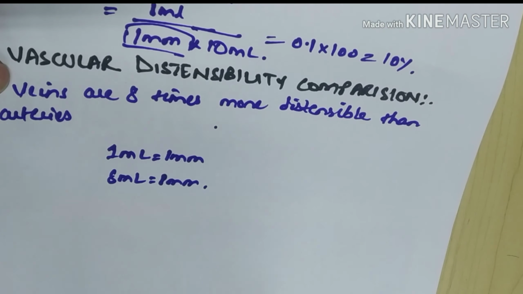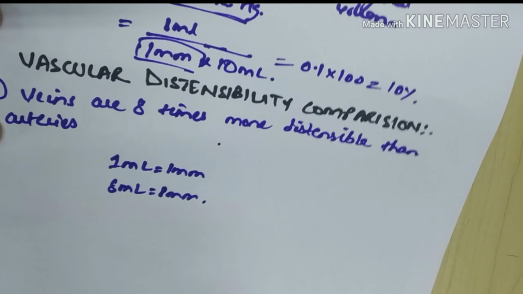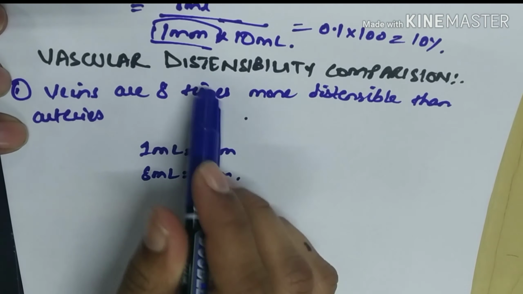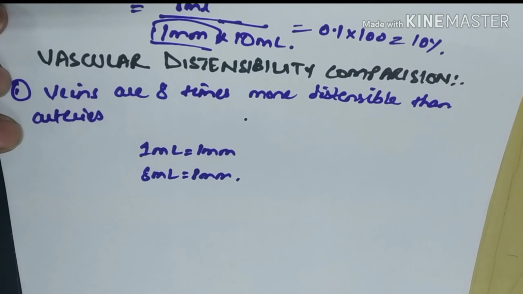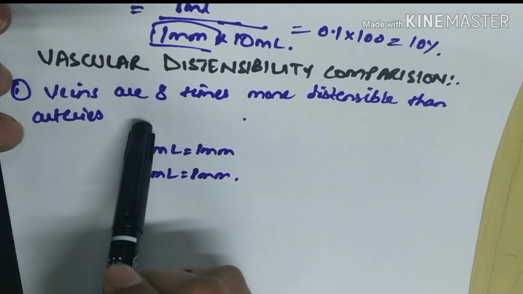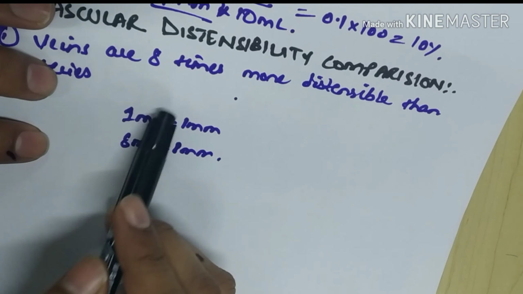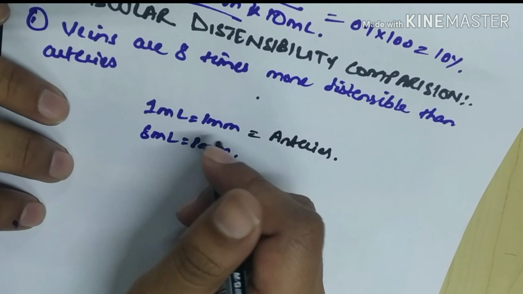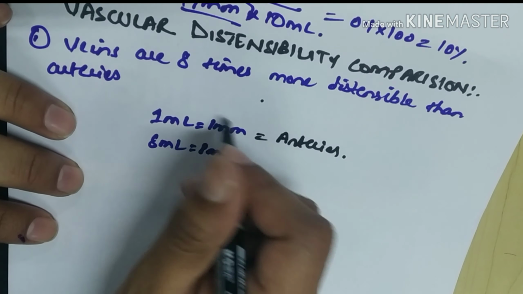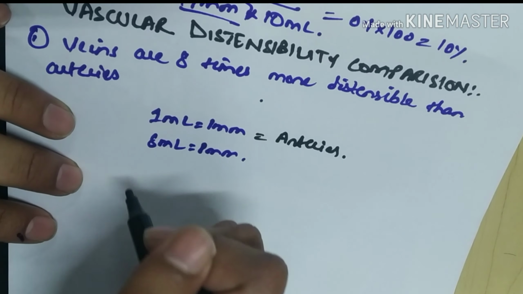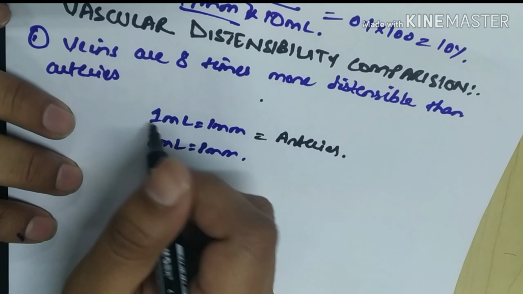Now we'll talk about vascular distensibility comparison. Veins are 8 times more distensible than the arteries. I will explain this with measurements. If I increase pressure by 1 millimeter Hg in the arteries, what volume will I get? It's 1 milliliter.